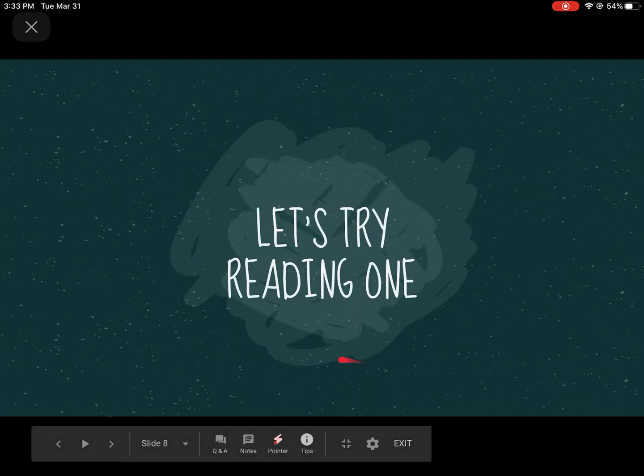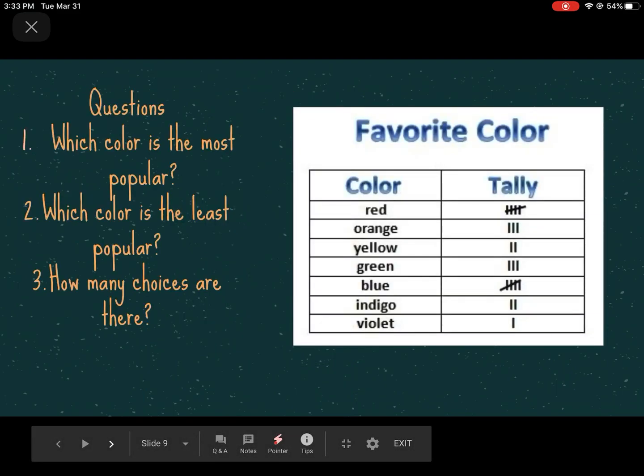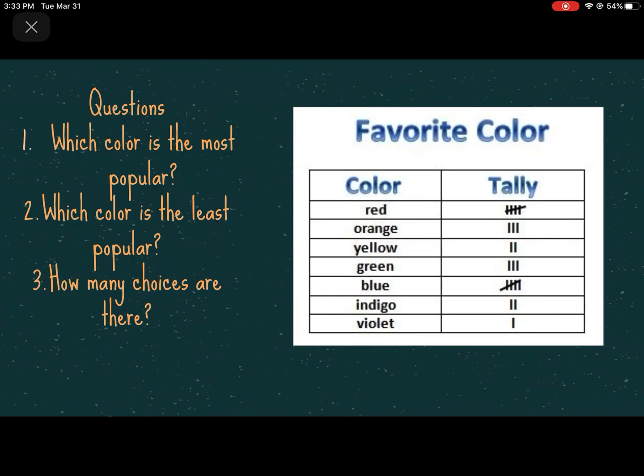So now let's read one. We have our frequency graph over here on the right, and the title is favorite color. So that means our question or our criteria was, what is your favorite color? Our labels in this case are our color choices, and then our tallies, our data, how many.